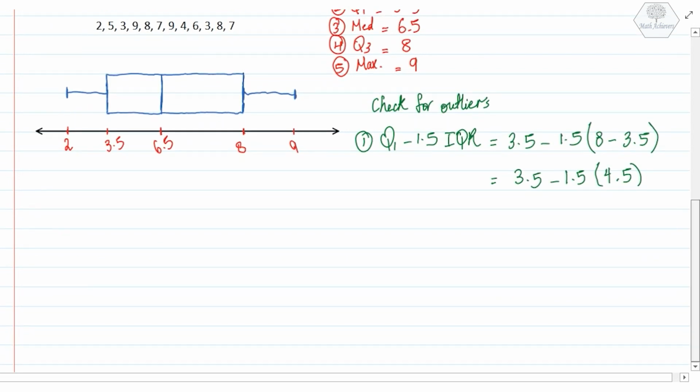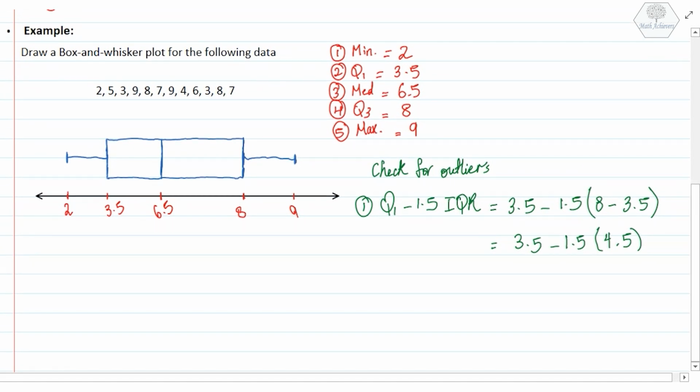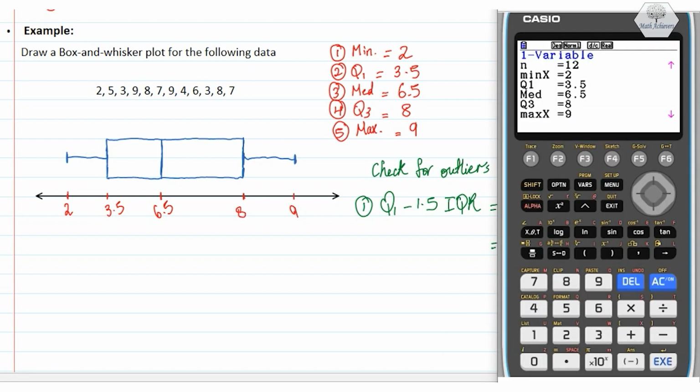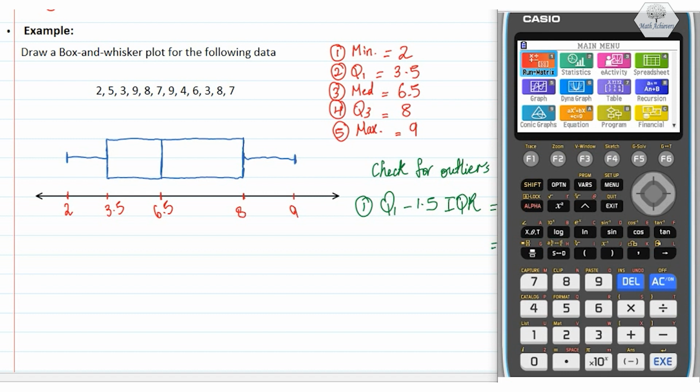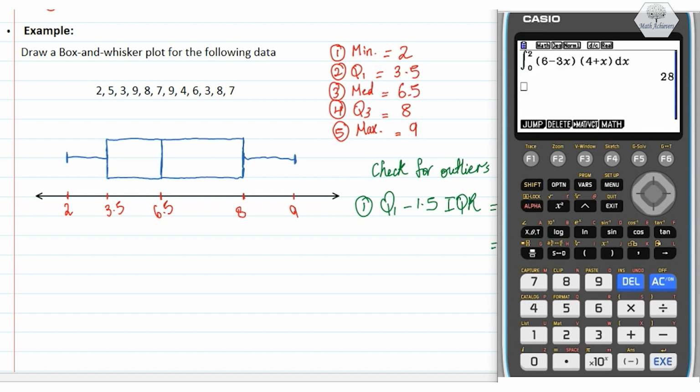Let's use our GDC now to find this value. It's 3.5 minus 1.5 times 4.5. So let's go to run matrix. Let's delete all first. It's 3.5 minus 1.5 times 4.5.